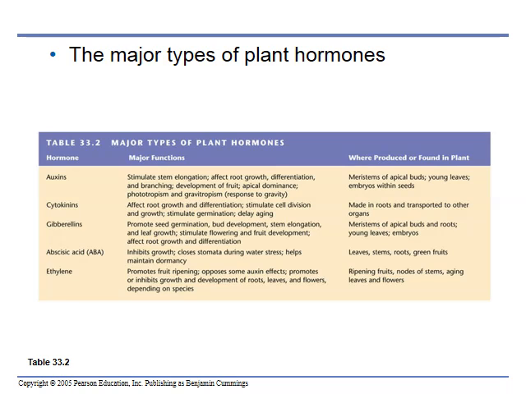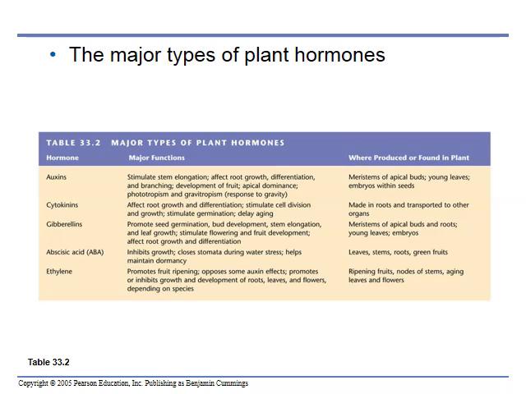You have auxins, which stimulate elongation, affect root growth, differentiation, branching, development of fruit, apical dominance, phototropism, and gravitropism. You have cytokinins, which affect root growth and differentiation.